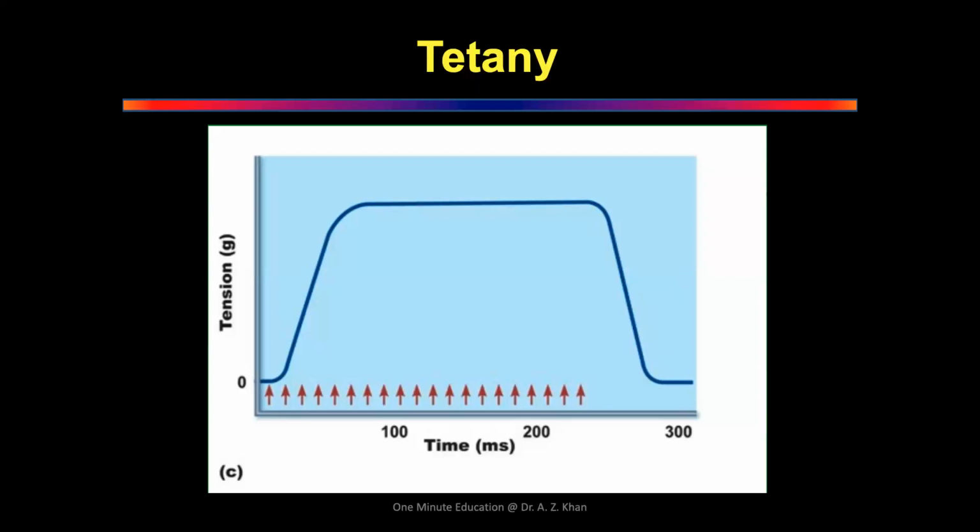And this is because the tetanus toxin blocks the opening of the potassium channel. So the intracellular potassium cannot come out, and that is why the muscle continues to stay in a state of contraction.